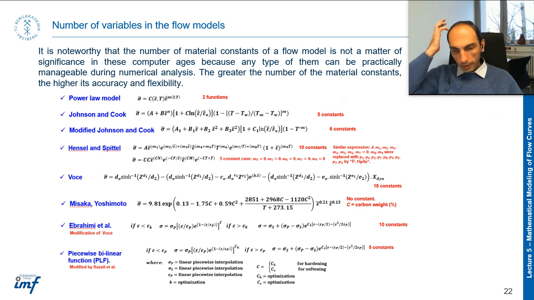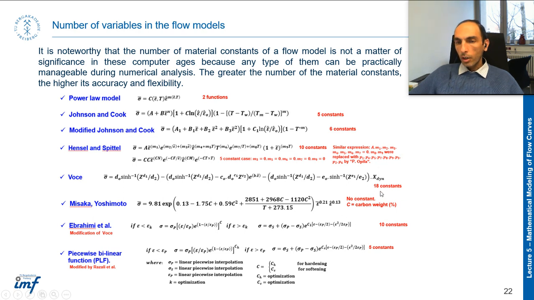Okay, with the computers we have today, the number of parameters does not matter so much. Like the power law model with 2 parameters, or the Johnson-Cook with 5 constants, or the modified Johnson-Cook with 6 constants, and the Hensel-Spittel with many more constants, 10 constants, 18 constants, Voce.